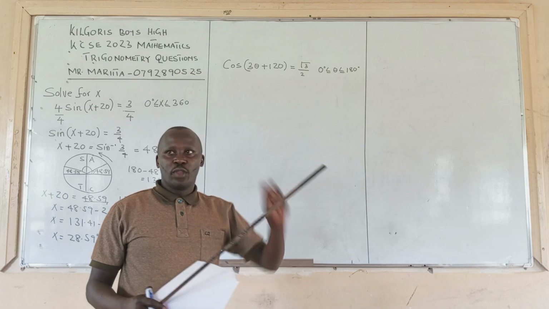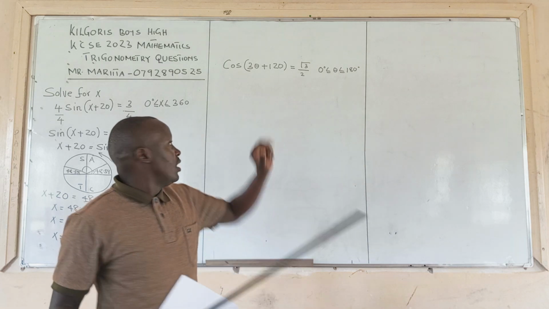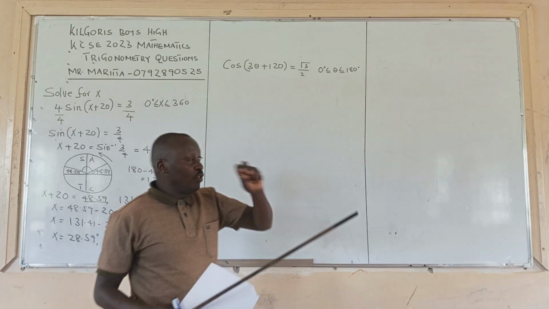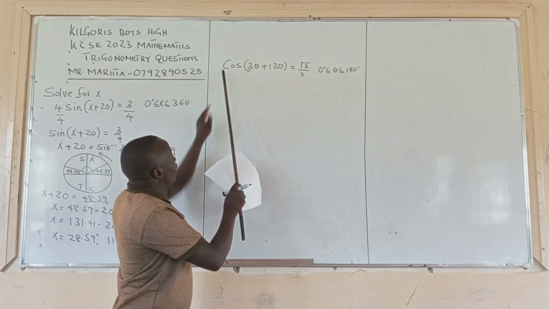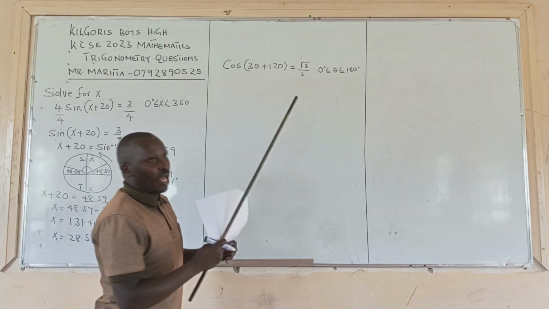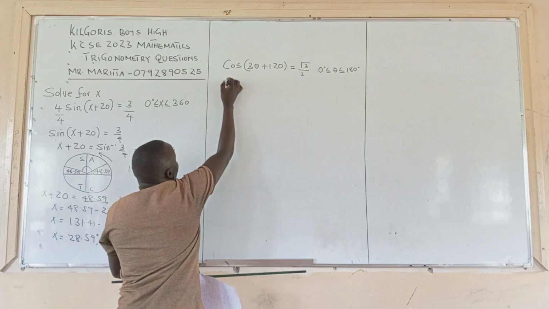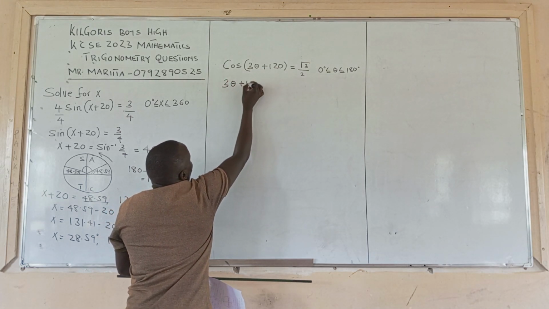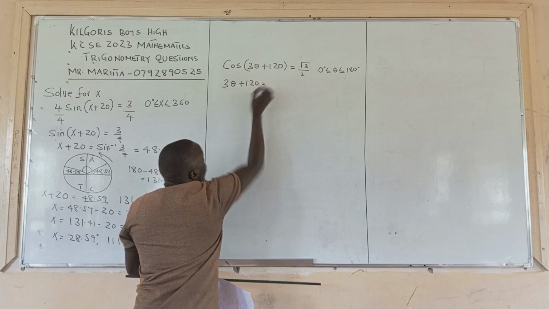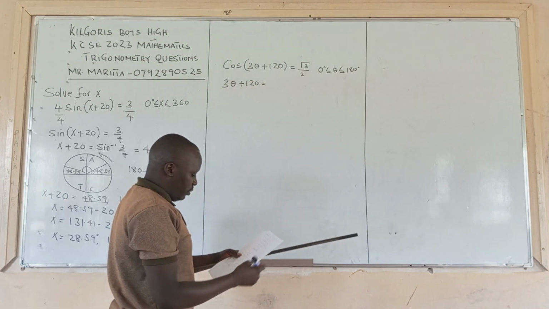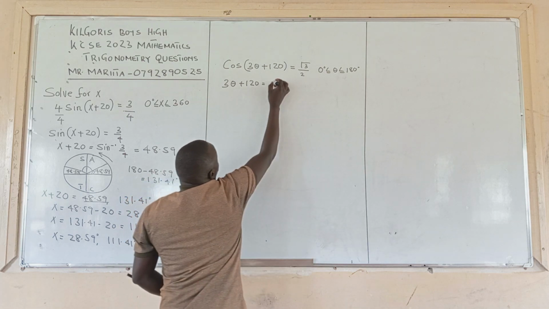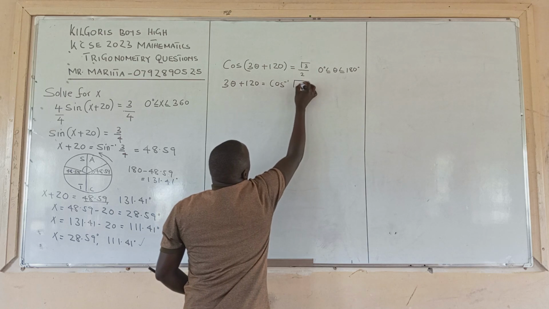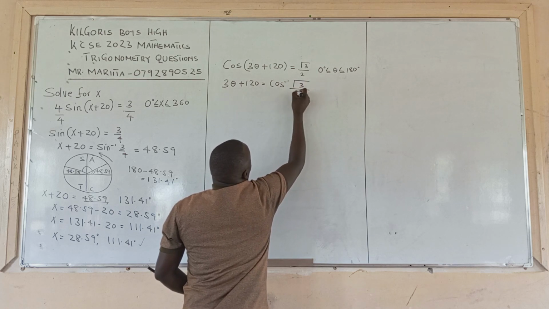What are we supposed to do? You find the cos inverse on this side, and then you find another cos inverse on this side. So if you find the cos inverse here, the cos inverse and the cos will cancel out. So you remain with 3 theta plus 120, which will be equivalent to the cos inverse of root 3 all over 2.